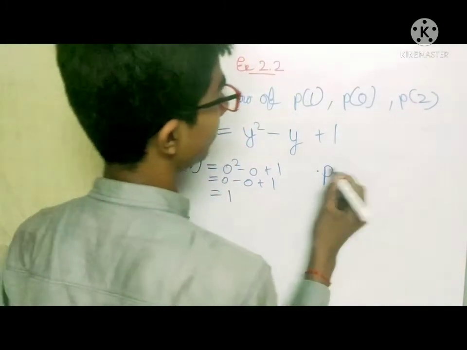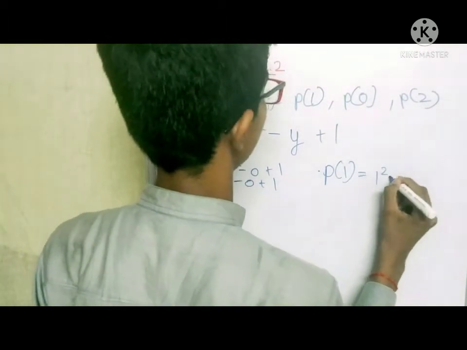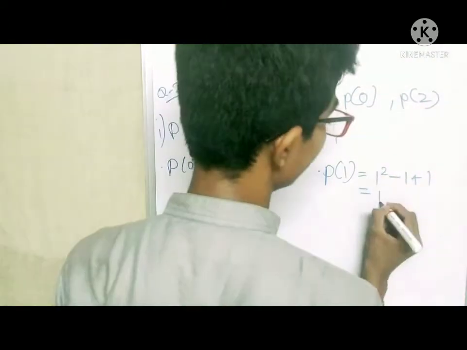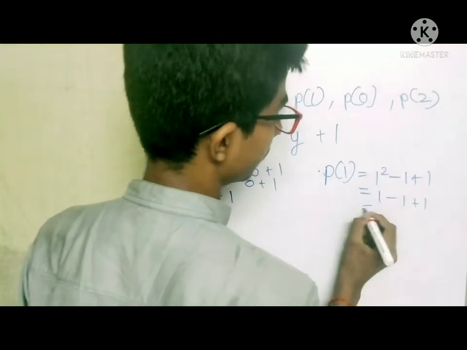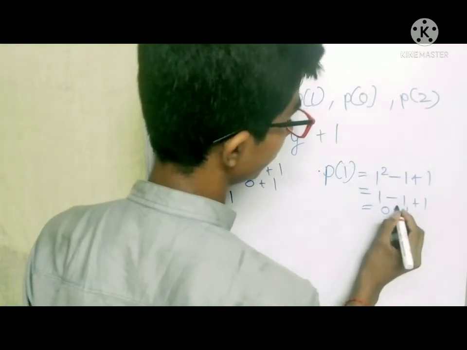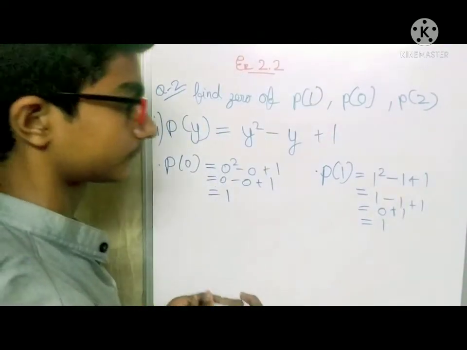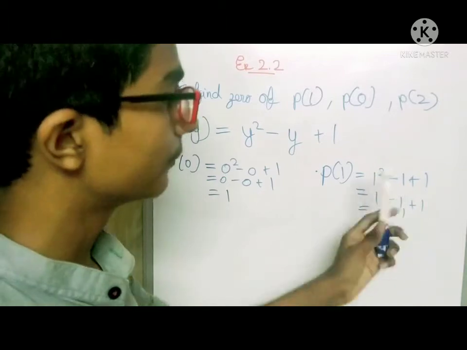Now we are going to take p of 1 is equal to 1 square minus 1 plus 1. So square of 1 is 1, 1 minus 1 is 0, plus 1, so that will be 1.